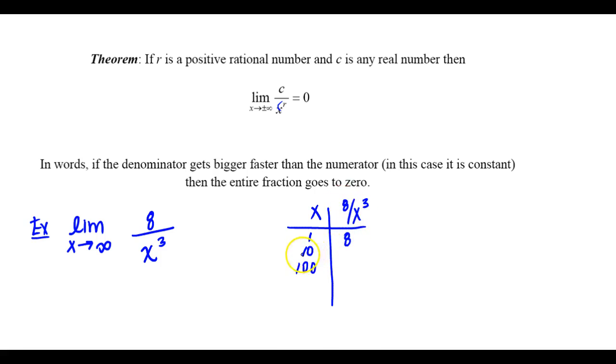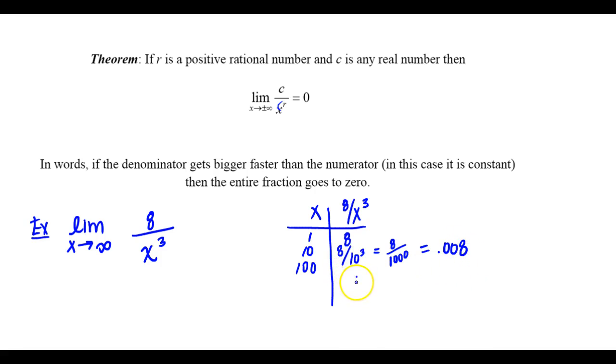Let's see what happens when I plug in 10. I get 8 divided by 10 cubed. 10 cubed is 1,000, so 8 divided by 1,000 is 0.008. It's 8 thousandths. Notice what just happened: I went from 8 to 8 thousandths. This number is getting smaller already.